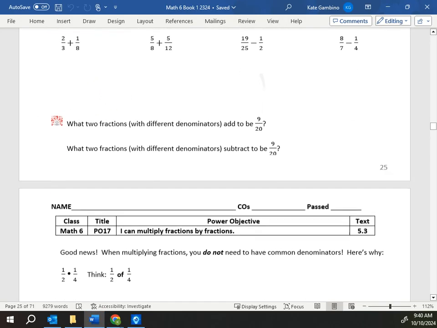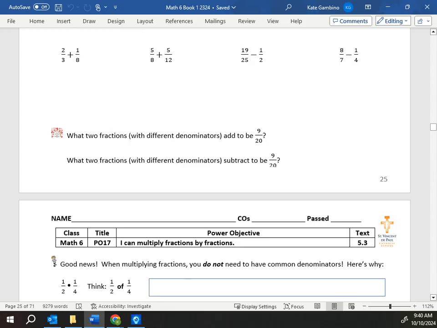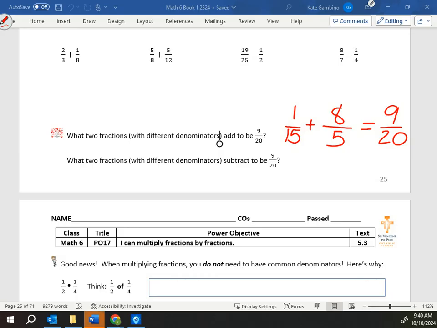On the bottom it says, write two fractions with different denominators that add to be 9/20. So we're going to have two fractions that are adding to equal 9/20ths. Could I put 1/15 plus 8/5?